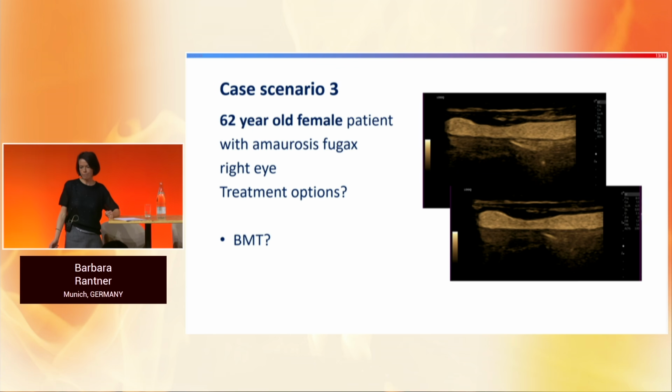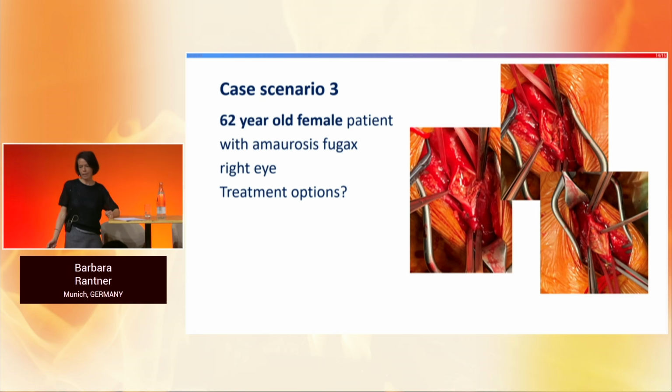So we discussed in our team, and we decided, and you did not mention it now again, Eric, so we opted for a hybrid procedure, because I was not glad with the situation in the internal carotid and the common carotid.